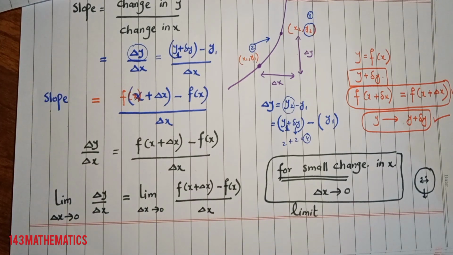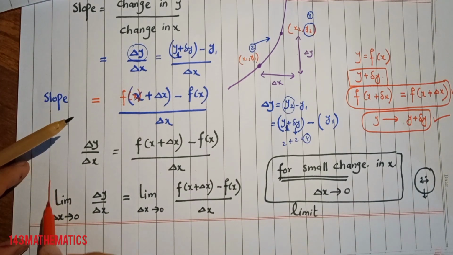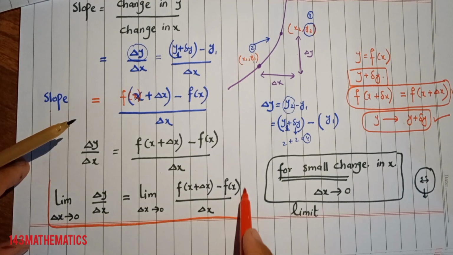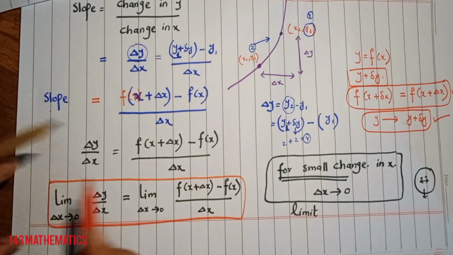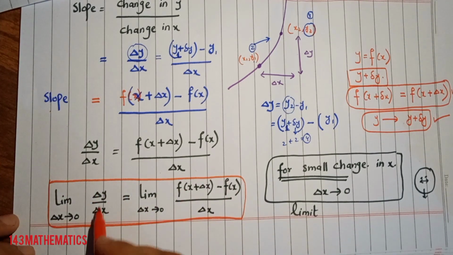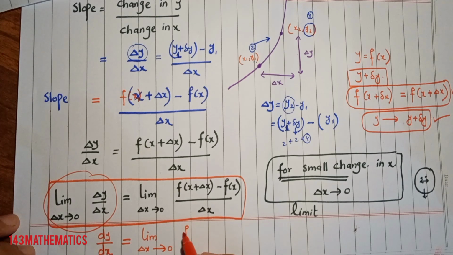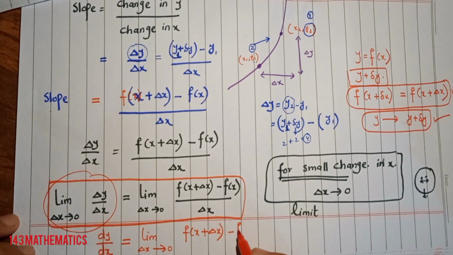This is called the definition of derivative. We can also write it as dy by dx equal to limit delta x approaches 0 of f of x plus del x minus f of x divided by del x.